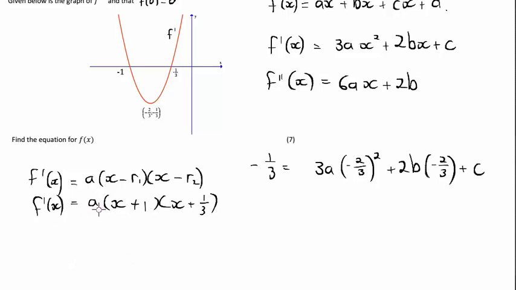And then a is still unknown. We still need to find our a. It's my last parameter left to solve. So how do I find it? Substitute a point. I've already used these two, so I can't use those points. I'll use this point, the turning point. I substitute my y value, which in this case is my gradient. When x is negative 2/3, my gradient is negative a third.